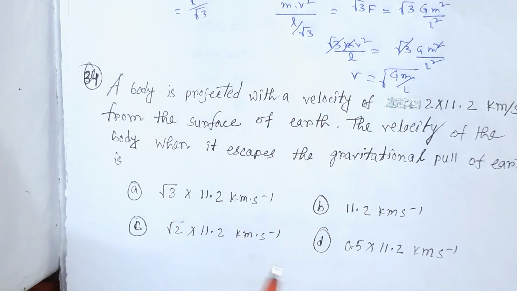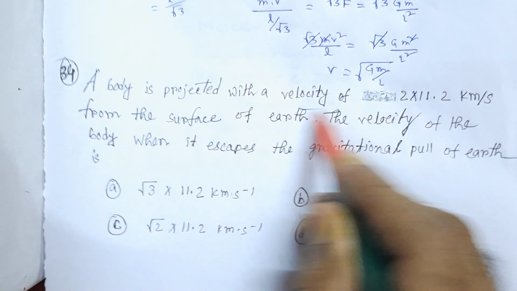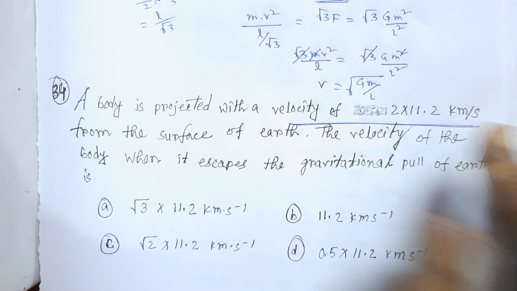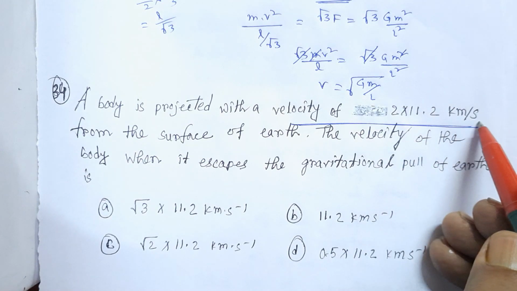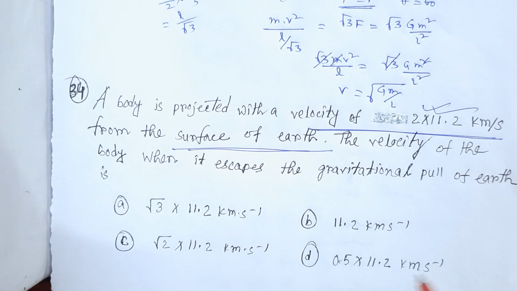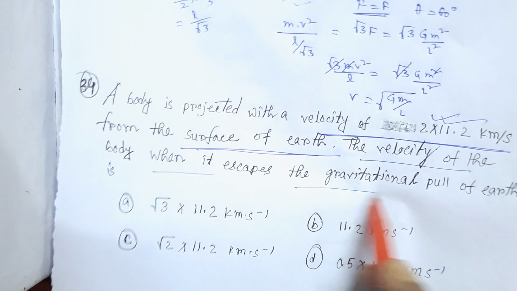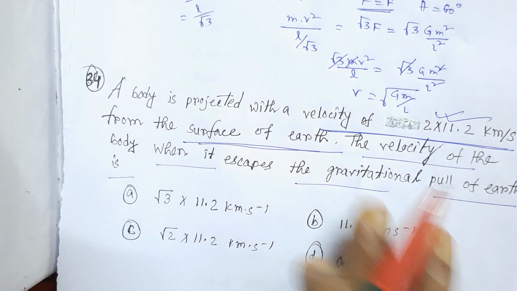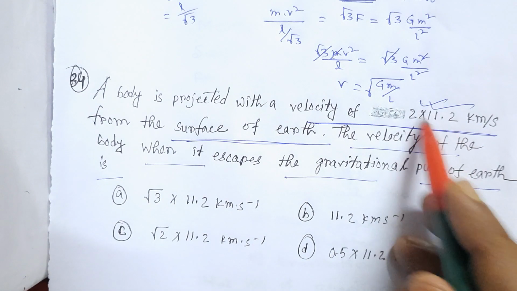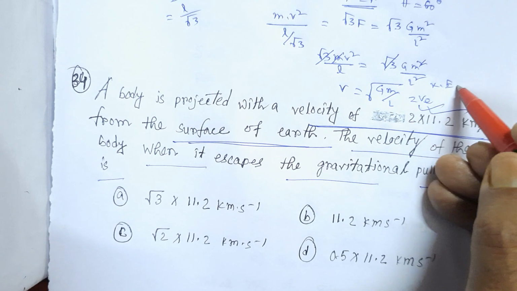Now let us take question number 34. A body is projected with a velocity 2 into 11.2 kilometer per second from the surface of the earth. So the velocity is twice the escape velocity. The velocity of the body when it escapes from the gravitational pull is asked. Since velocity is twice the escape velocity, kinetic energy is 4 times.